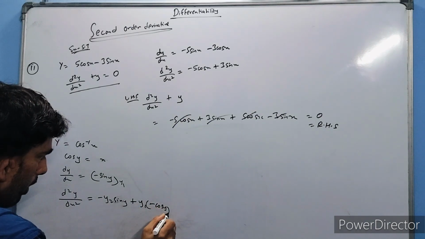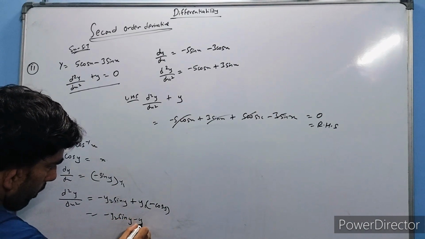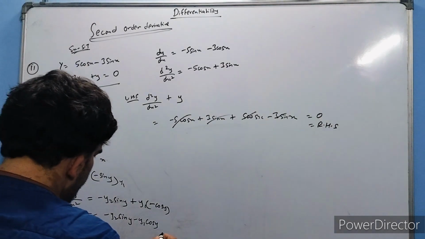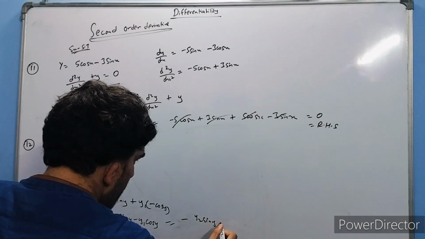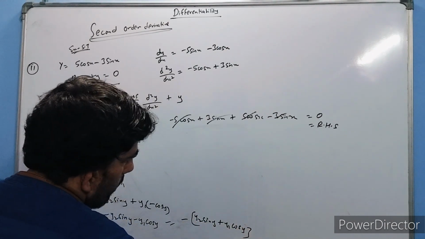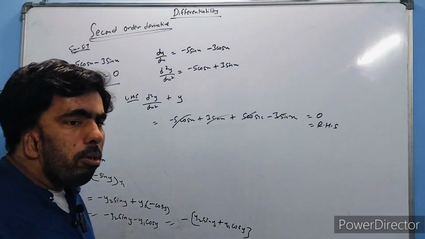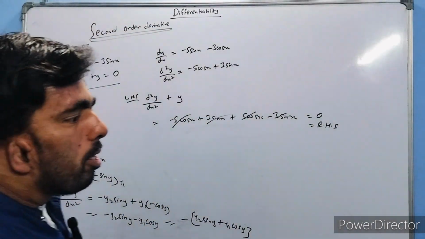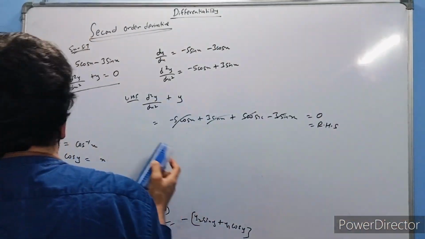Okay, so what I have here is minus y2 sin y minus y1 cos y, or we can take the minus sign common, so we have minus of y2 sin y plus y1 cos y. Here y2 is d2y by dx square and y1 is dy upon dx. So that is how we try to differentiate the function twice. Let us move to the next question, that is the 13th. We have done 12, now we'll try to solve the 13th.